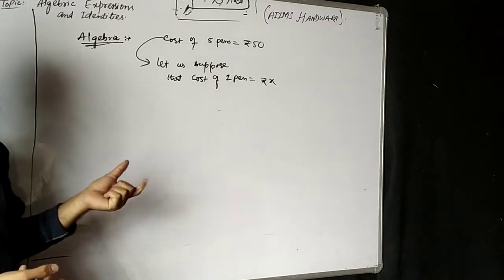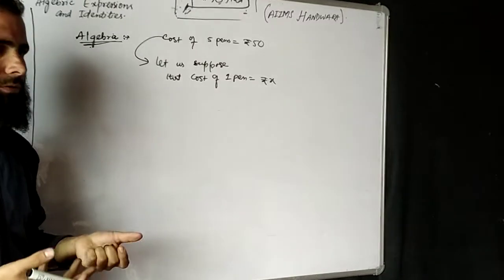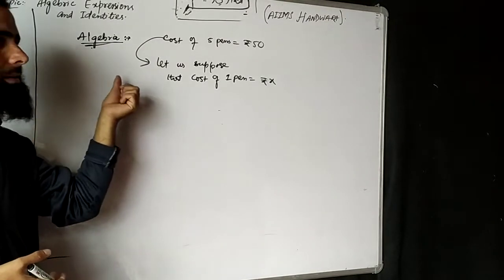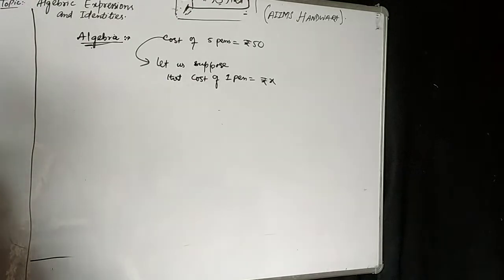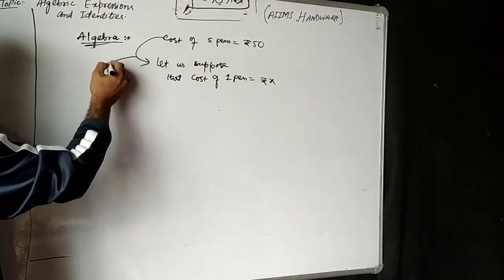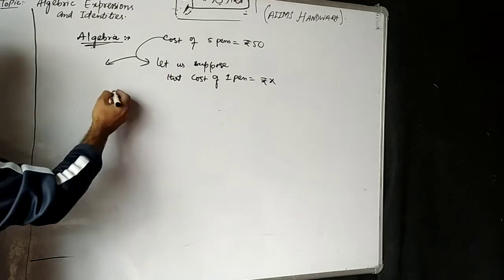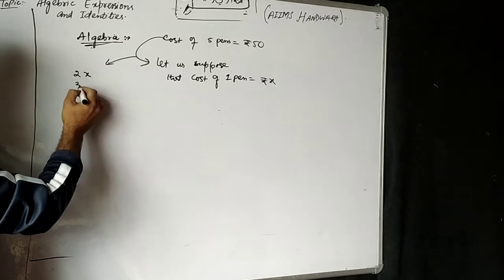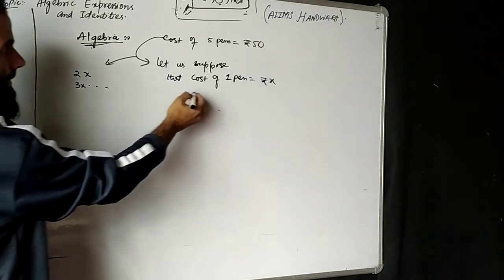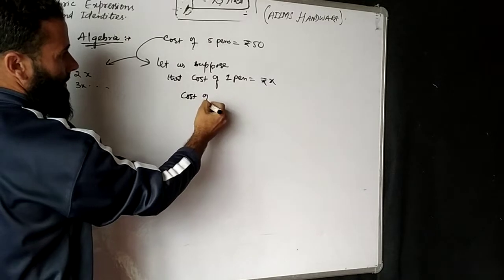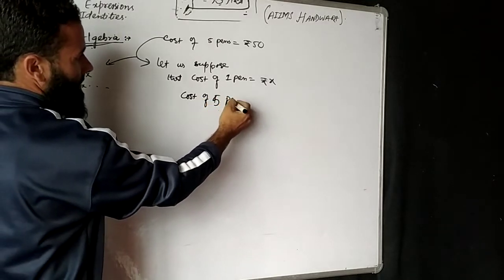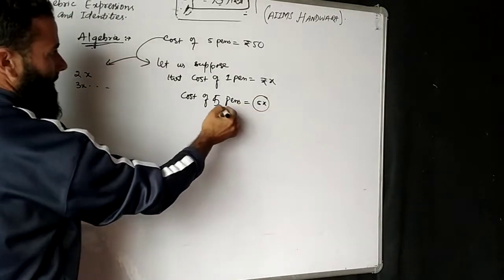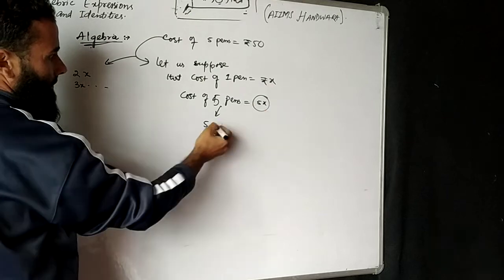So if we do not know the cost of 1 pen, let us suppose, using algebra, that cost of 1 pen is equal to rupees X. Cost of 2 pens will be 2X, 3 pens will be 3X, and ultimately cost of 5 pens will be 5X.